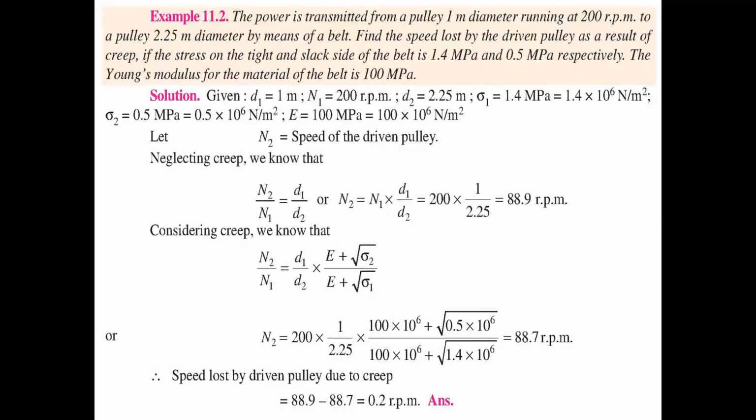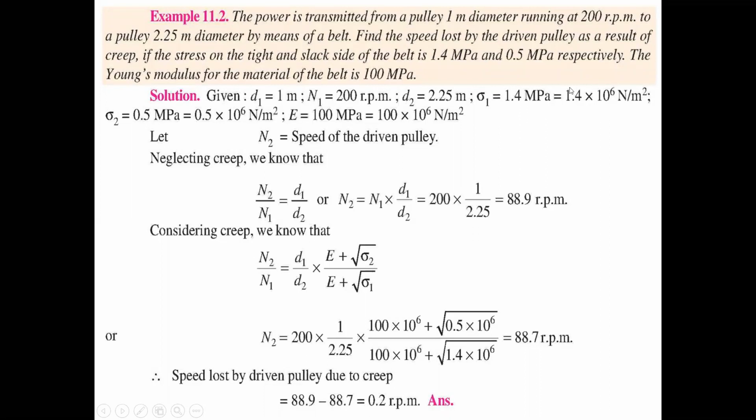So all of you observe that. From the problem description, you have to write the given values. D1 is 1 meter and N1 is 200 RPM. D2 is 2.25 meter, sigma 1 is 1.4 megapascals and sigma 2 is 0.5 megapascals.